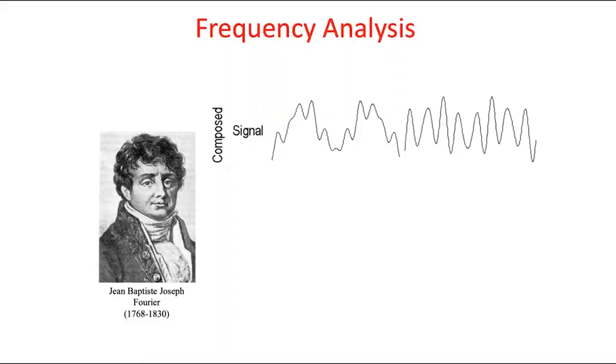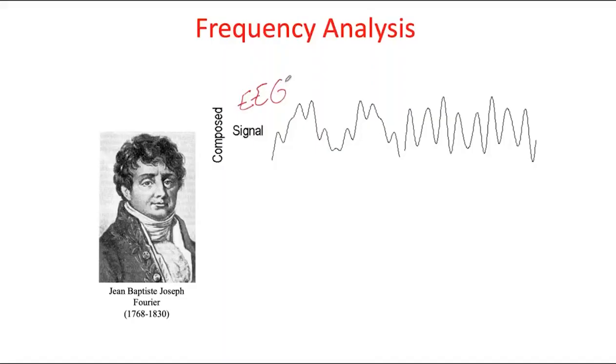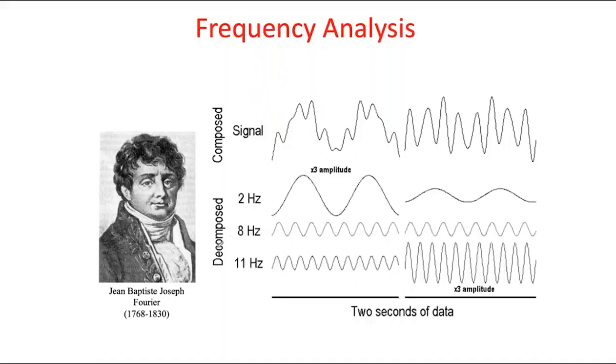And what we do in EEG when we have a signal, with great thanks to this brilliant guy, Jean-Baptiste Joseph Fourier, we know that whatever signal, for example the EEG signal that we are recording, we can decompose into multiple simple sinusoidal signals with different frequencies. So whatever we record from EEG, we can decompose into different frequencies and see that, let's say, these 3 waves are combined to make this signal.